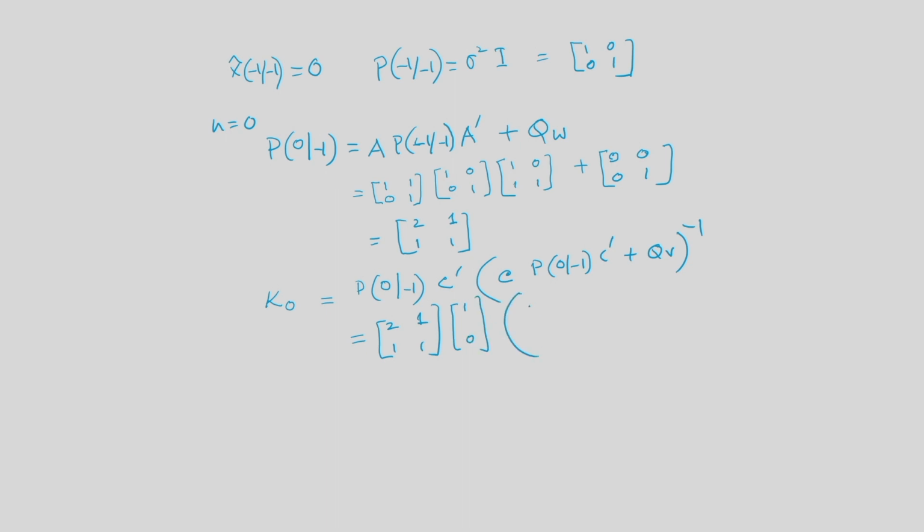Similarly, the denominator is 1 0 times 2 1 1 1 times C transpose 1 0, plus Q V equal to 1, and whole inverse. So, we can carry this out and we will get this matrix. This is a 2 by 1 matrix, 2/3 and 1/3.